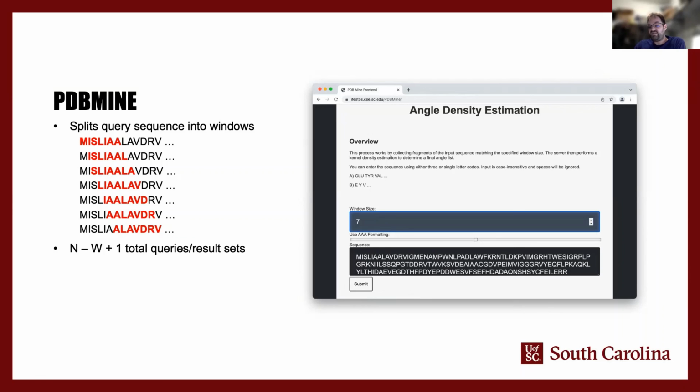So a couple caveats here when you're choosing the window size. Smaller windows, if you had a window size of 1, that's basically the Ramachandran plot. It's going to find every possible value in the protein data bank for just that one amino acid. Larger windows can be so specific that they don't return any results because there isn't that exact sequence that can be found.